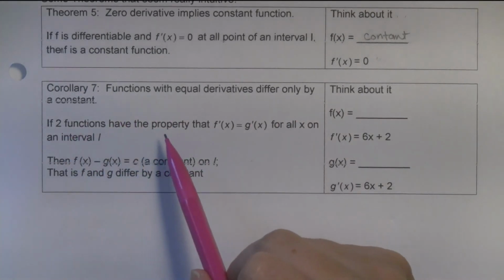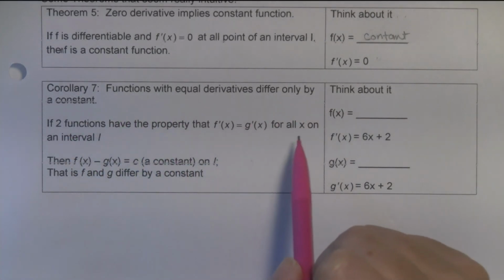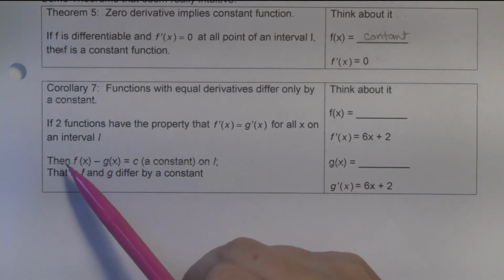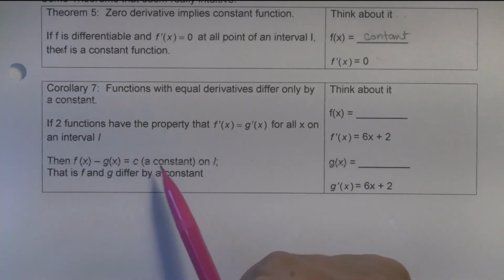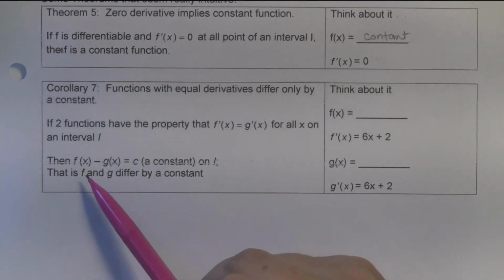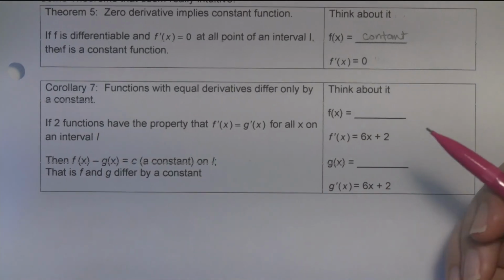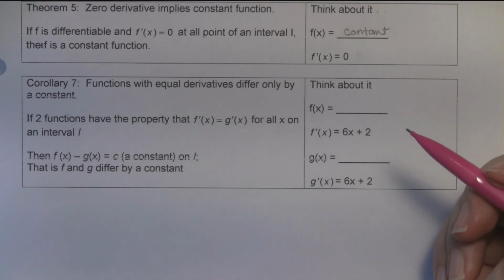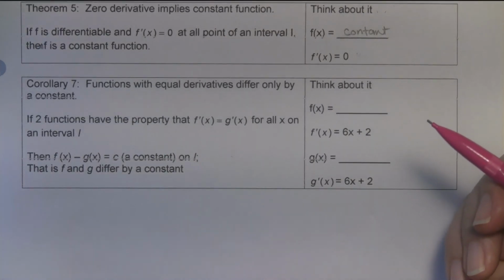If two functions have the property that their derivatives are the same for all x on an interval I, then f of x minus g of x equals a constant on I. That is that f and g differ only by a constant. And I just wanted you to think about it. Again, you can go and look at the proof online if you like, and you can also look in your textbook.